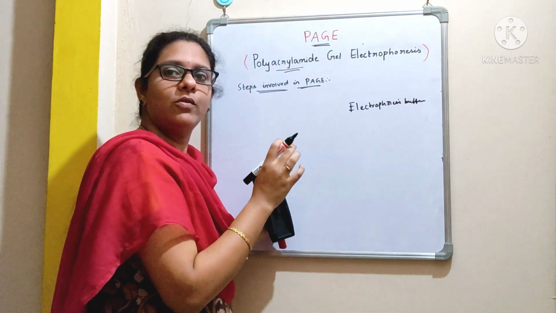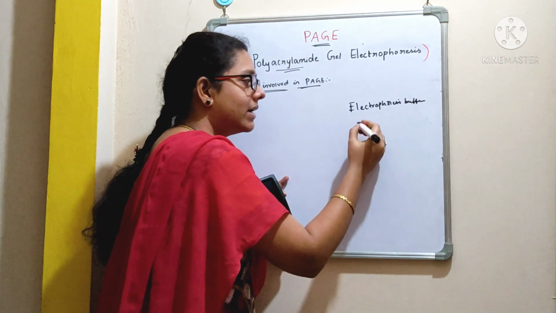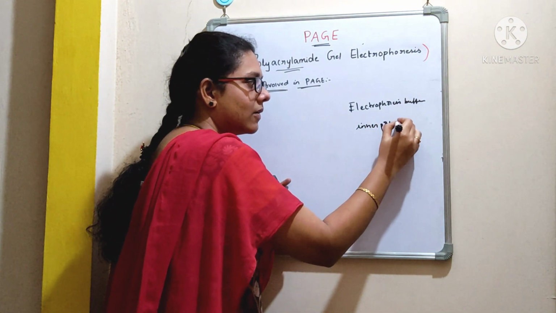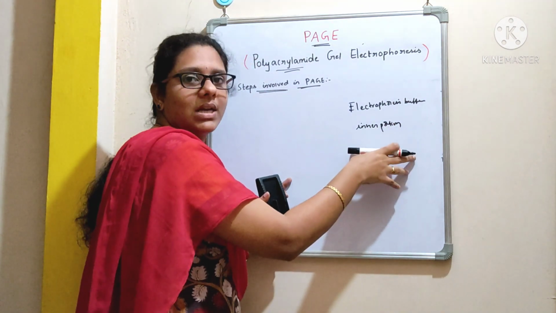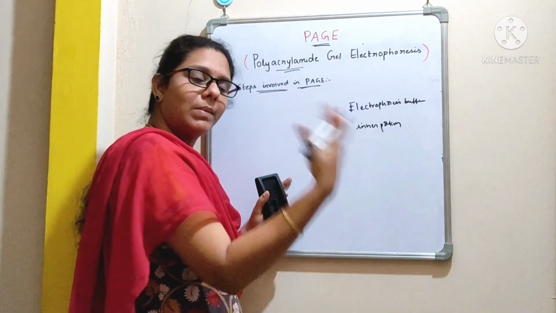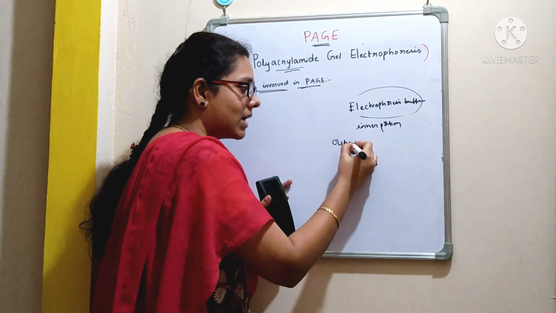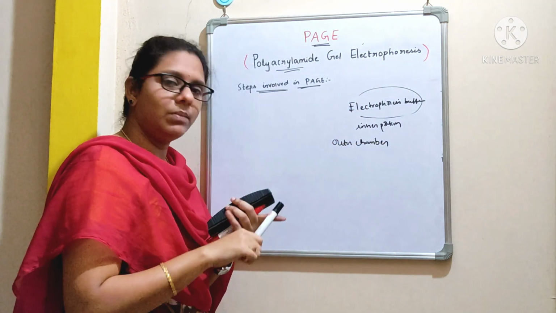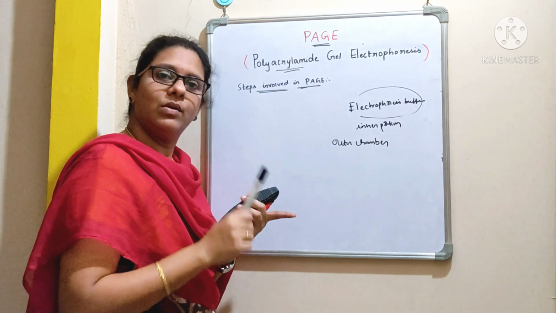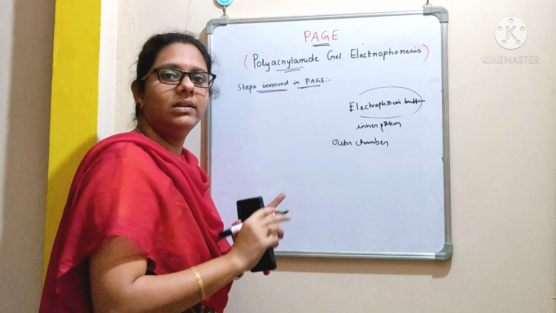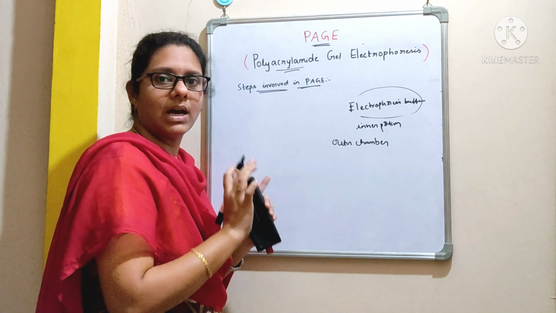Remember, this buffer is first added to the inner portion where you fixed the gel plates, and the remaining electrophoresis buffer is poured into the outer chamber as well. Now you are done preparing the gel, you have fixed it into the electrophoretic chamber, and you have loaded the electrophoresis buffer.